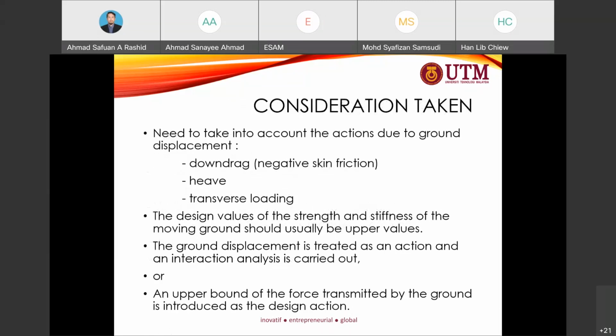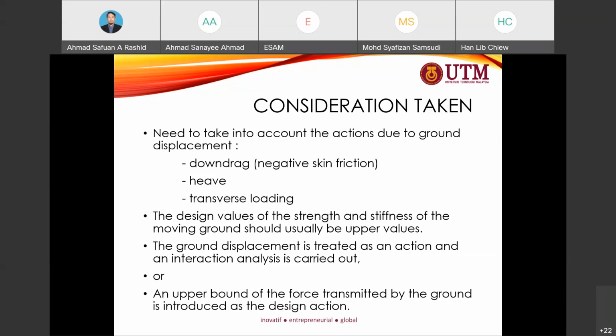Consideration needs to be taken of the action due to ground displacement, where there are some situations which happen under negative skin friction, heave and transverse loading.